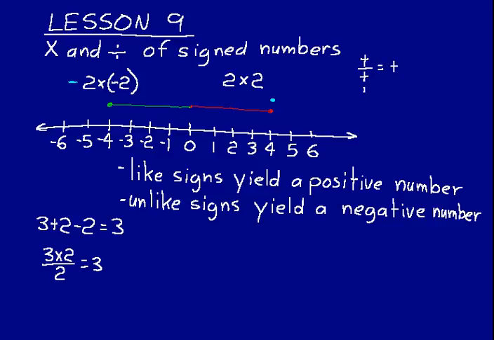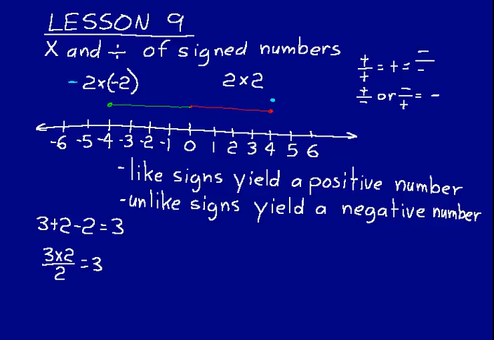And I can have positive divided by negative, or the other way, negative divided by positive. Either way, you get a negative result. It yields a negative result because you have unlike signs there. And then negative divided by negative also yields a positive result because those are like signs.